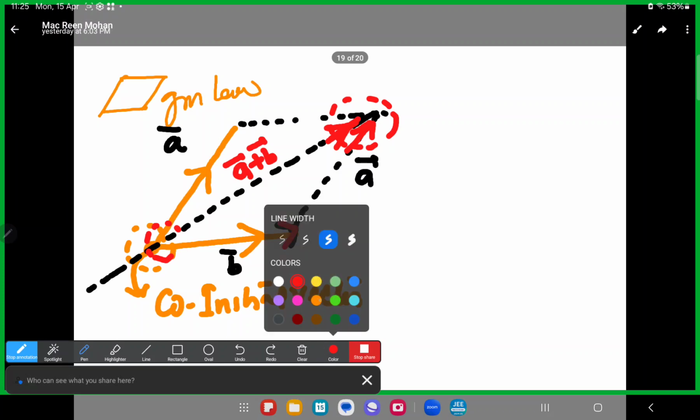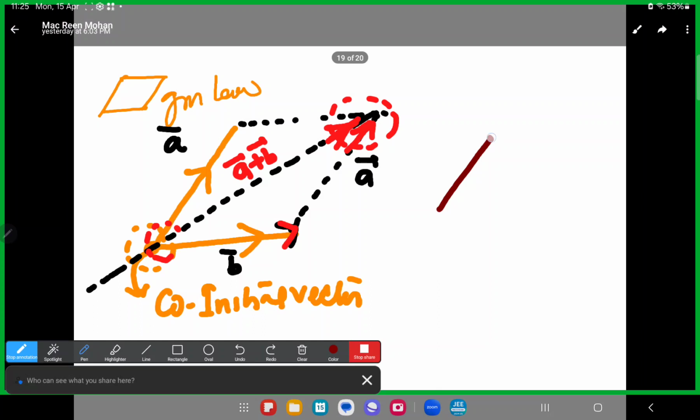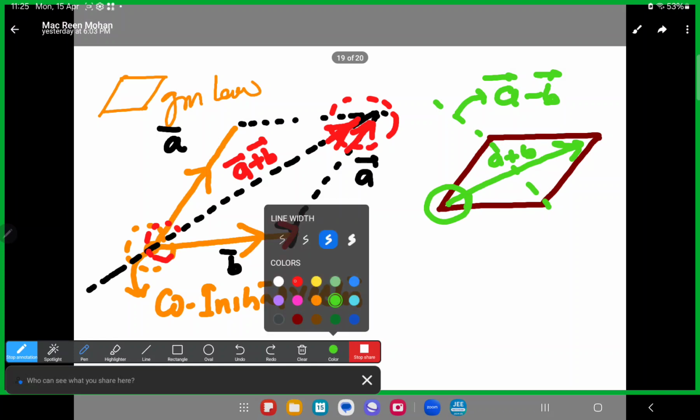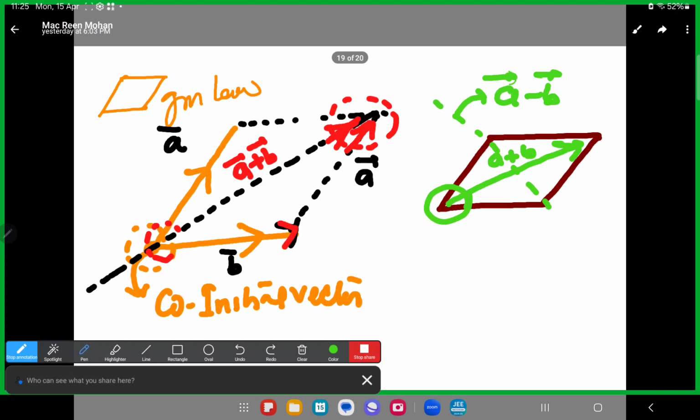So what we can conclude is that in any parallelogram, the leading diagonal will give you the addition. Then what will the other diagonal give me? The other diagonal will give me A minus B, subtraction. Kindly remember it. The leading diagonal will give you A plus B, and the other diagonal is going to give us A minus B.